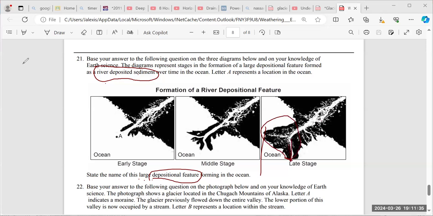Doesn't this look like a fan in this area? And even here, doesn't this kind of look like a mini fan, like a triangular shaped fan? Well, we know landscapes that look kind of fan shaped, kind of triangular shape in a sense, these are known as deltas. And so this is an example, a picture of a delta.